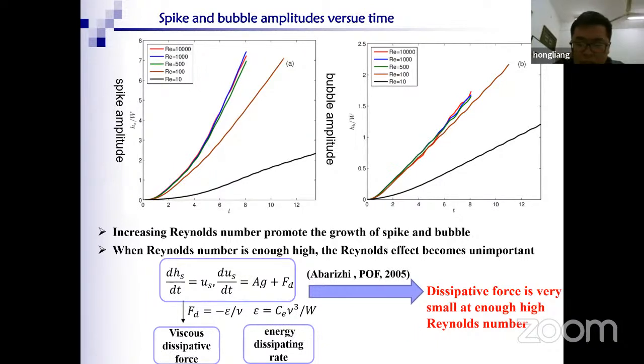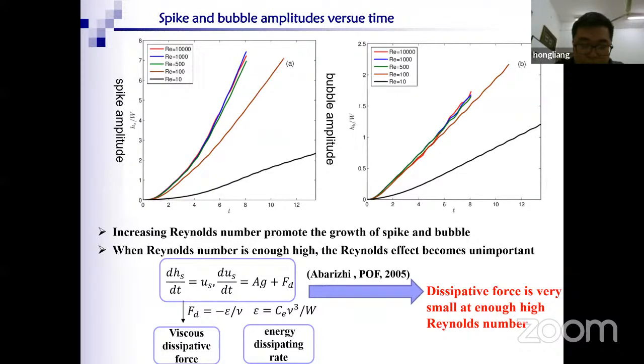and this can be confirmed by the theoretical analysis. As the growth of the spike can be dominated by two forces, the first one is the viscous dissipative force, and the second is the gravitational force.